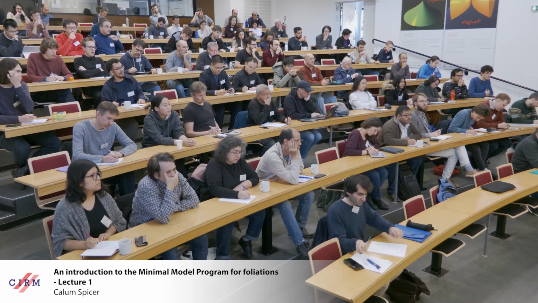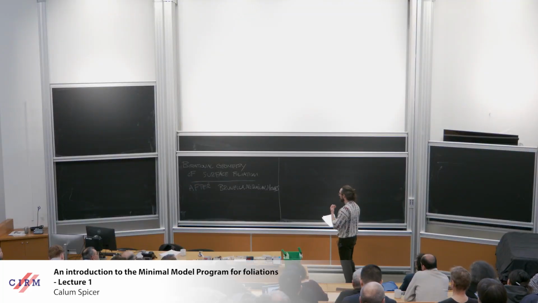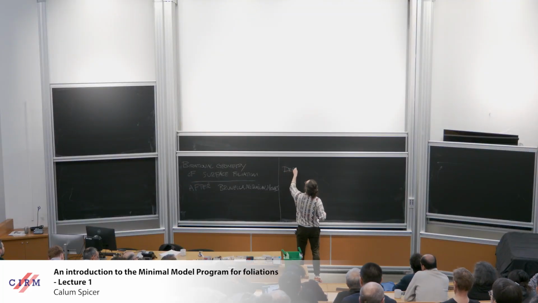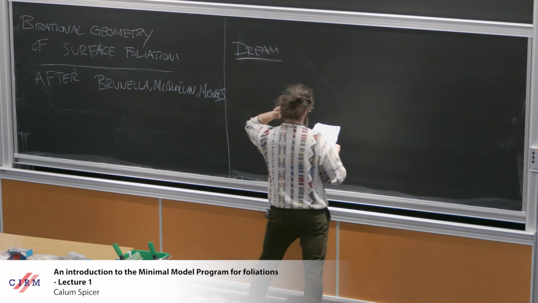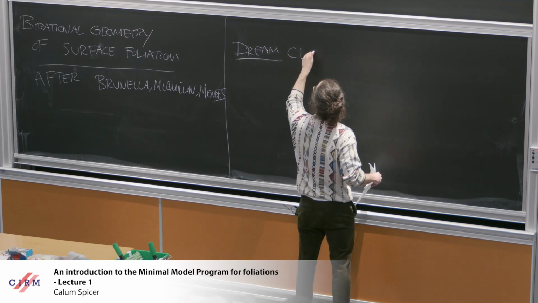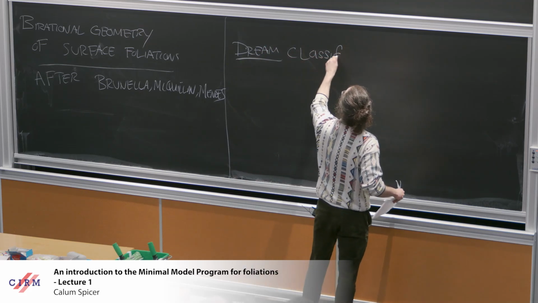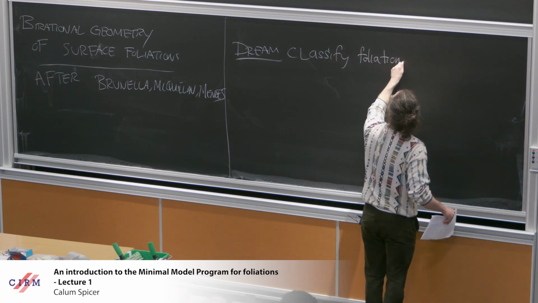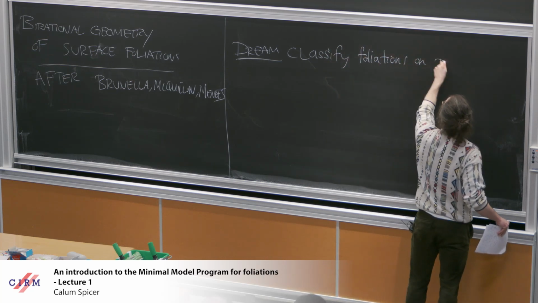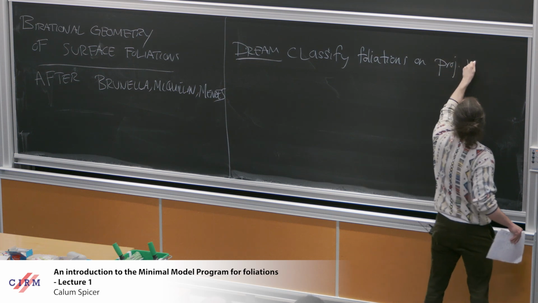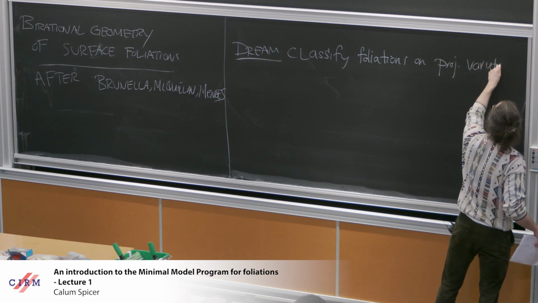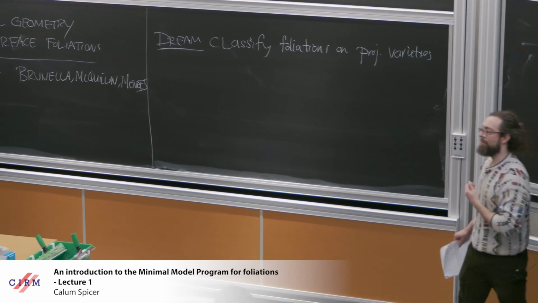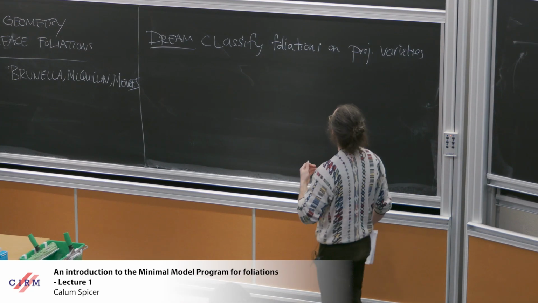So the main goal of these talks is the following. This is our dream: to classify foliations on projective varieties. And I should say, I'm thinking always over C, so holomorphic foliations on projective varieties.